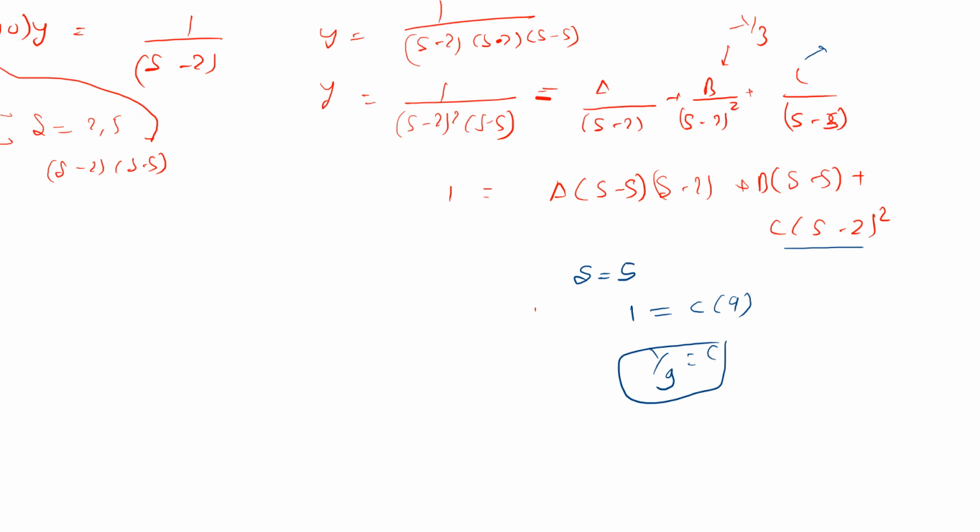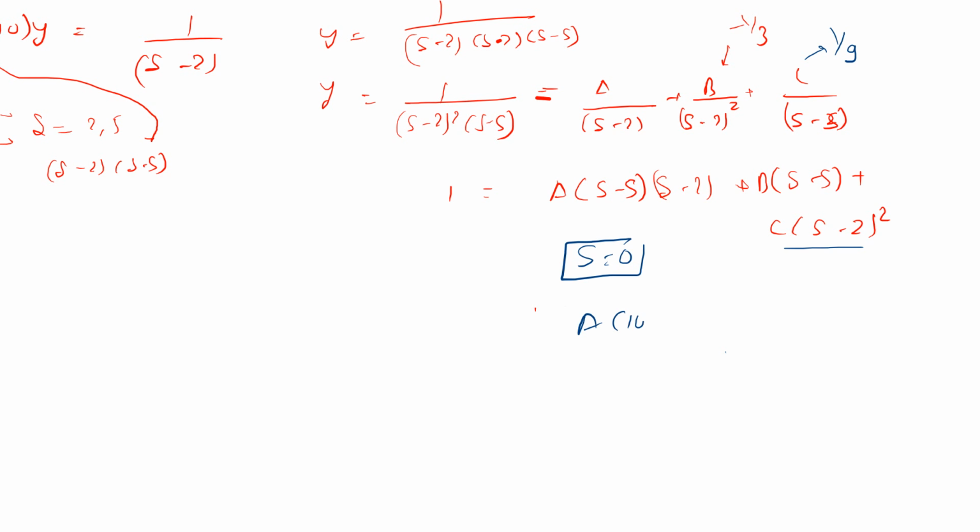All right, and now we need to find the a value. So we will put s equal to 0, and we put this value: it means 10 equals 10a minus 5b plus 4c. If we put the values, b is minus 1 over 3, so minus 5b gives 5 by 3, and c is 1 over 9, so 4c is 4 by 9.